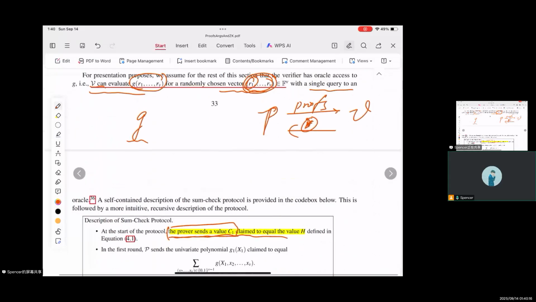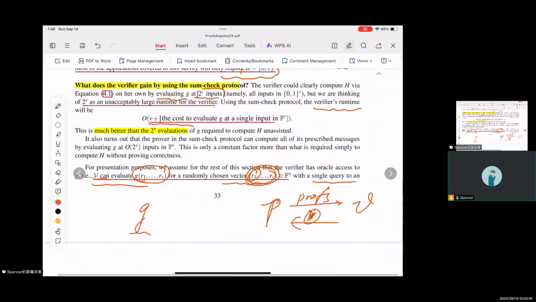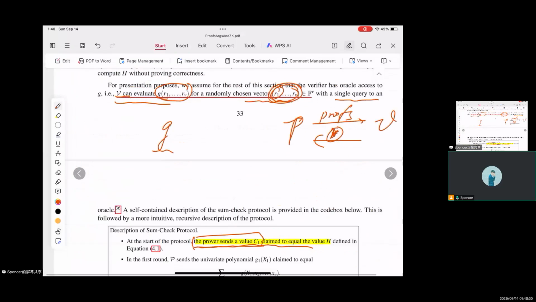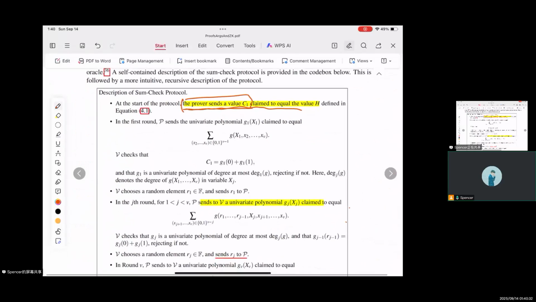Because H is defined in the equation, okay, in the equation 4.1. In this big equation is the sum of all possible outputs. So H is the final sum. And C1 should be equal to H.